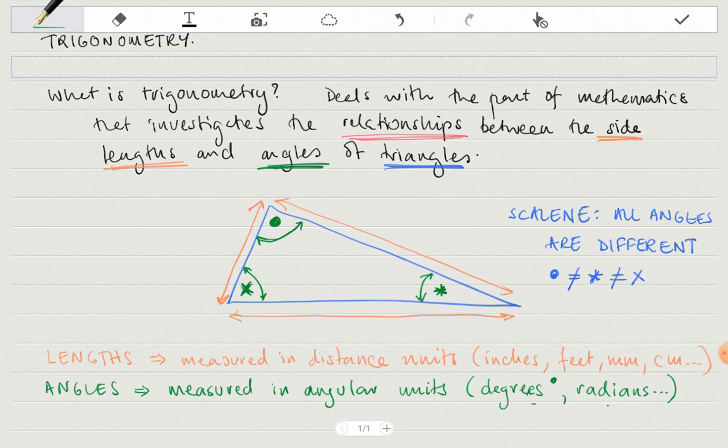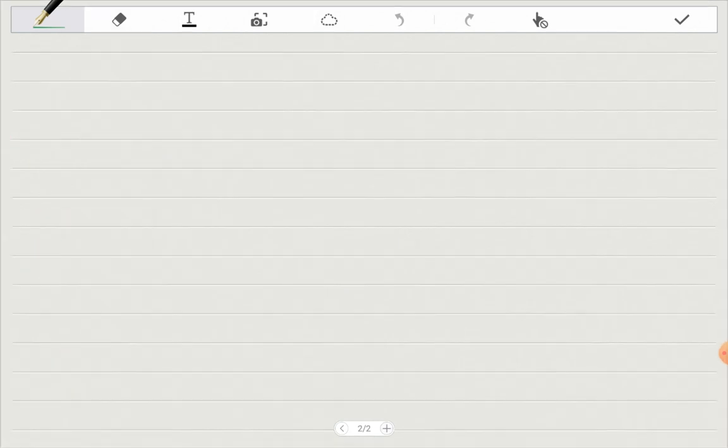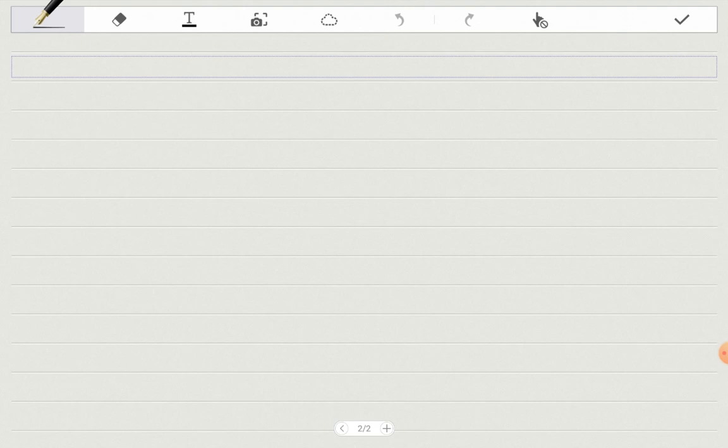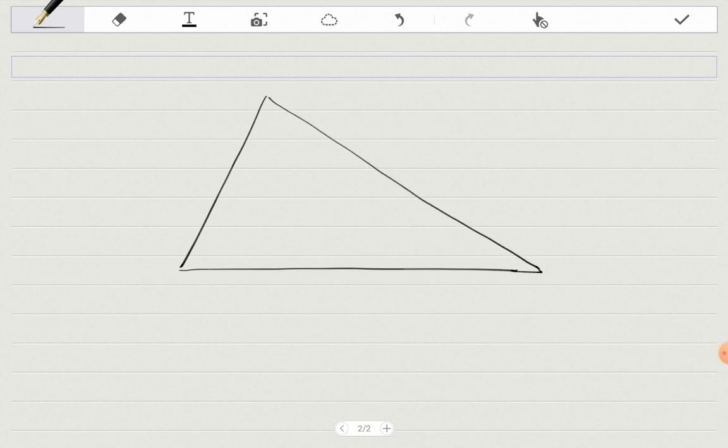Let's have a look at how the sides are on a basic triangle. We're going to be talking about the trigonometric ratios shortly. If we call this side A, this side B, this side C, that's triangle ABC, and that's how we'd read it out.